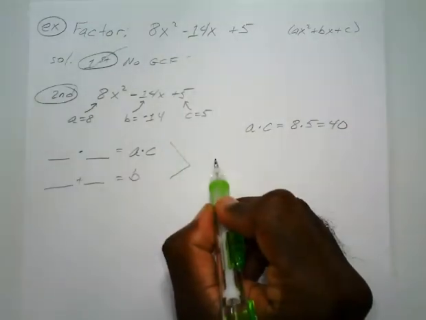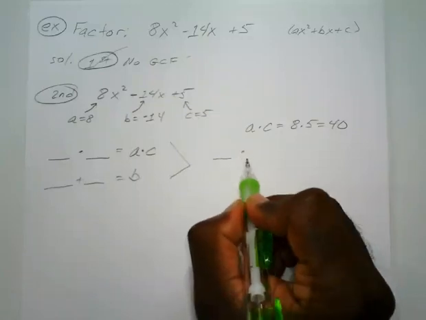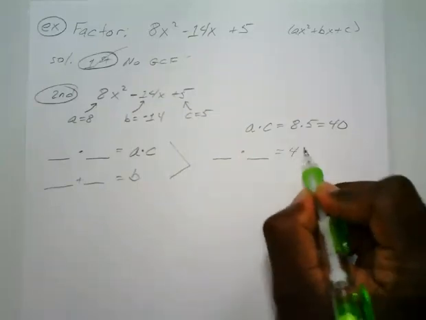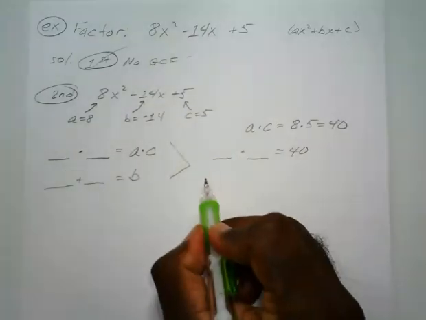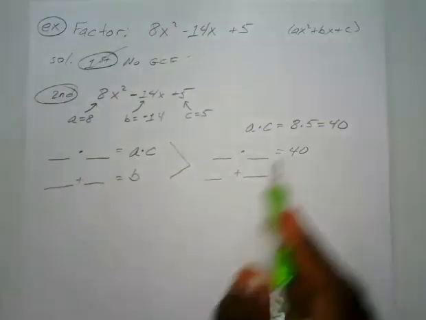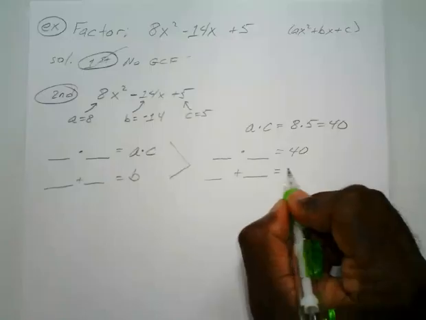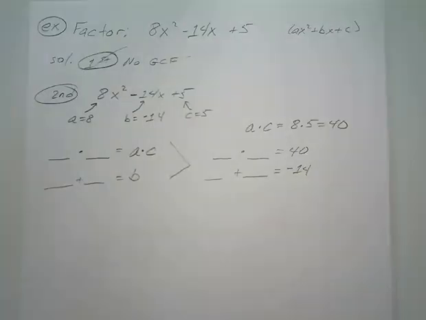So we have to find two numbers that multiply to equal 40, and those same two numbers add to equal our b, which is negative 14.